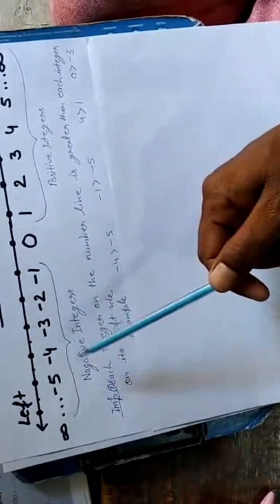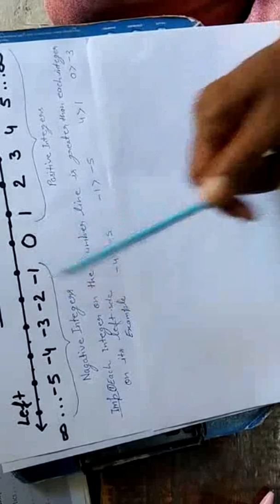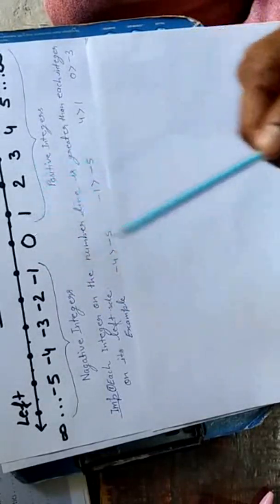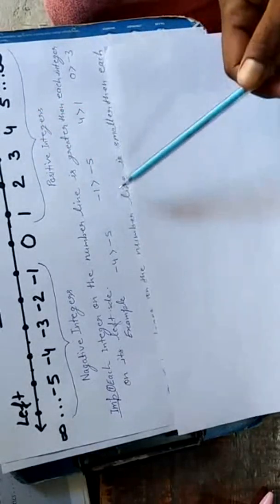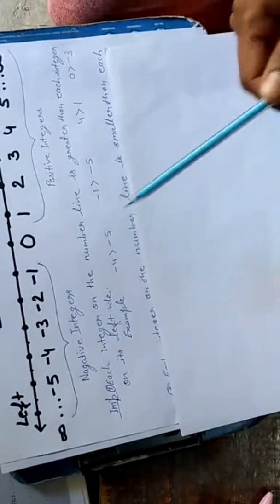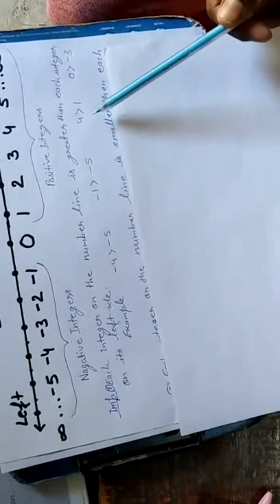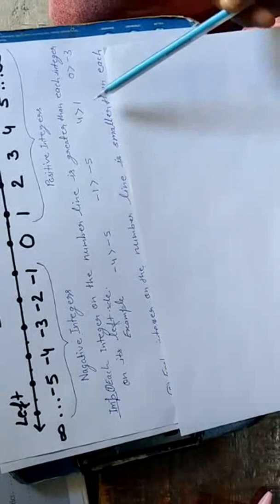So -4 is greater than -5, -3 is greater than -4. The same as 0 is greater than -1, 2 is greater than 1, 2 is greater than 0. Examples are given here: -4 is greater than -5, -1 is greater than -5, 4 is greater than 1, and 0 is greater than -3.